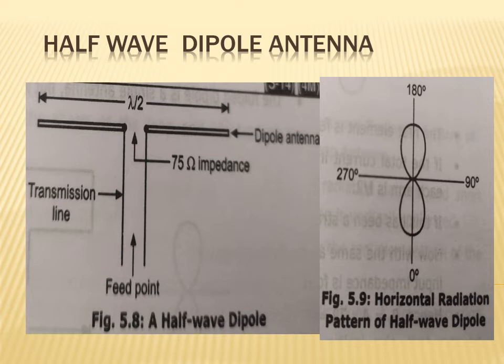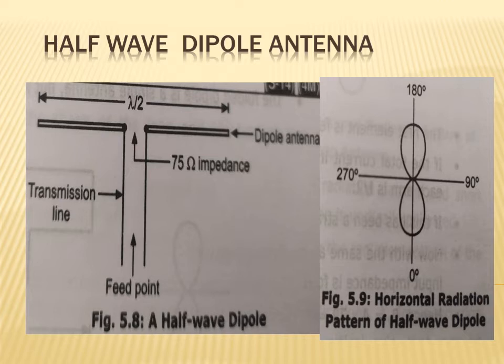The length of this dipole antenna is shown as lambda by 2, so it is called a half wave dipole antenna. This is the explanation for this diagram.